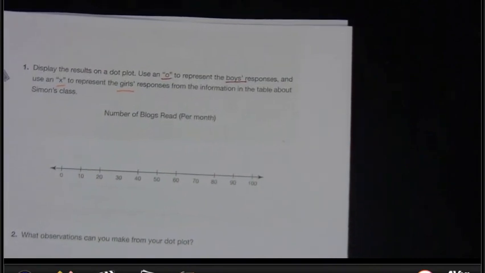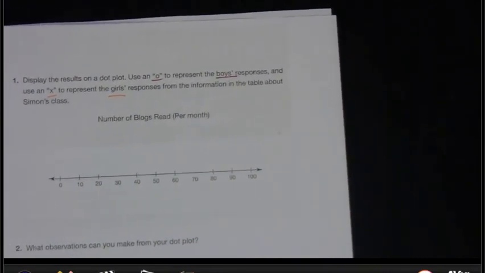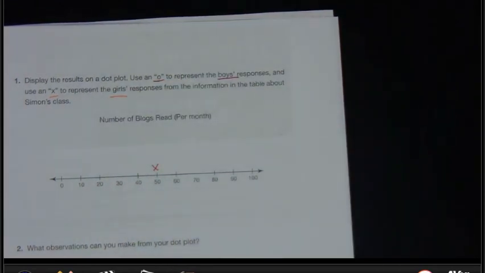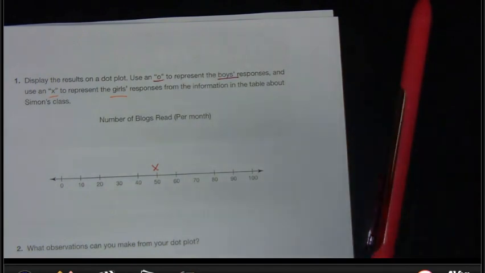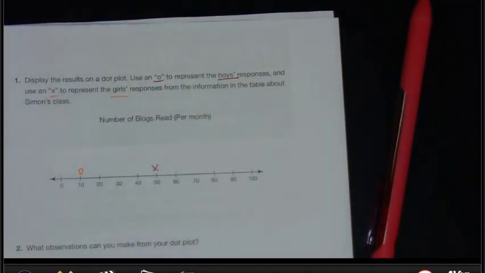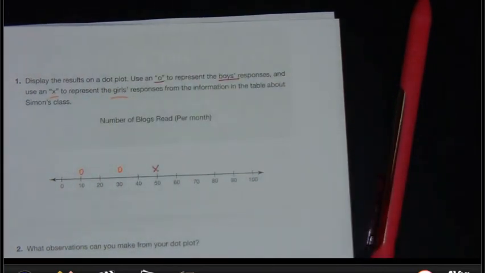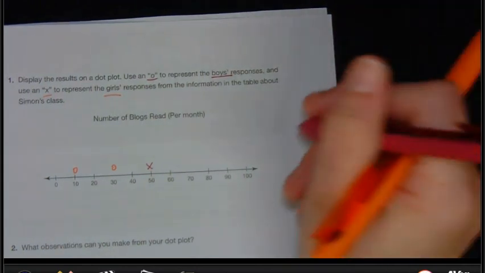I've got my other page here. Susie, girl at 50, so that's an X. Jorge at 20, and he's a boy, so an O. Alex, a boy, is at 30. Maria, she's at 100, she's a girl.